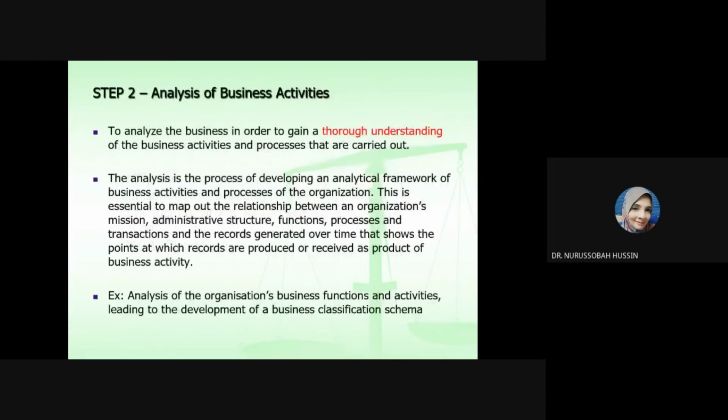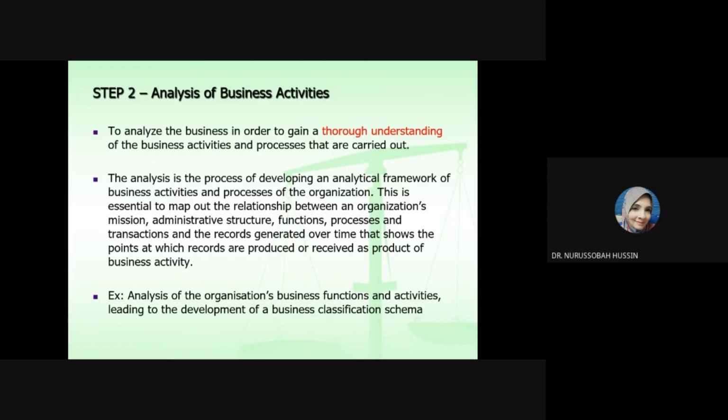Okay, now we will focus on step 2. Step 2 is analysis of business activities. Okay, for this one, we have to gain a thorough understanding of the business activities and processes that are carried out. The analysis is the process of developing an analytical framework of business activities and processes of the organization.